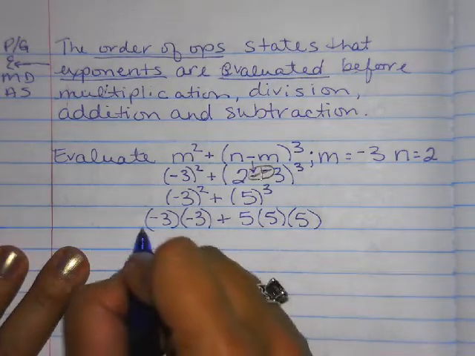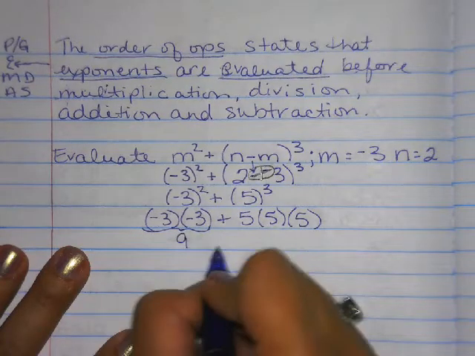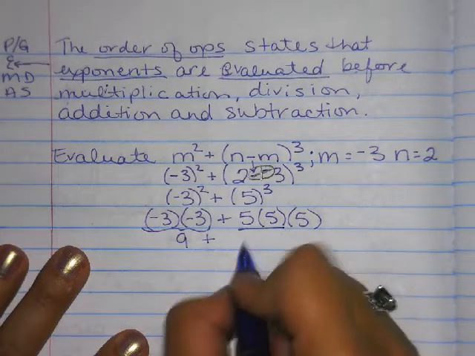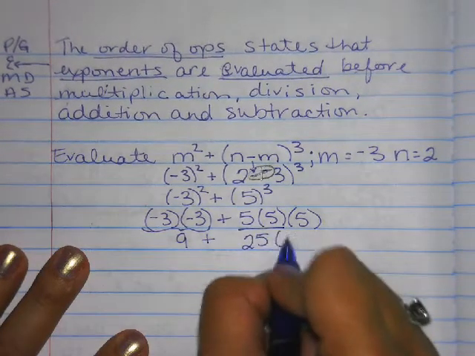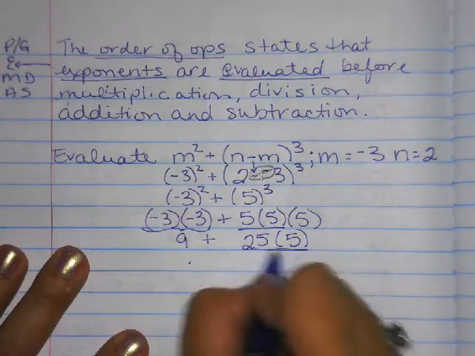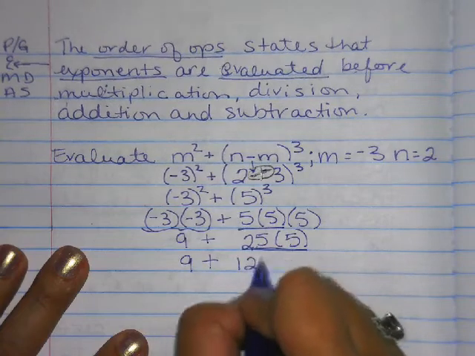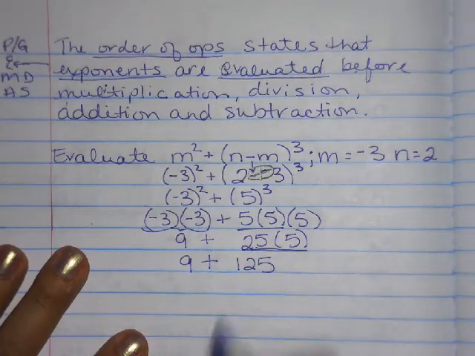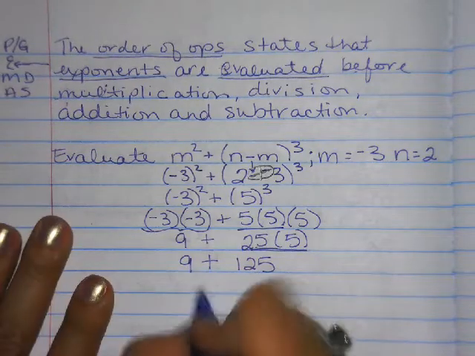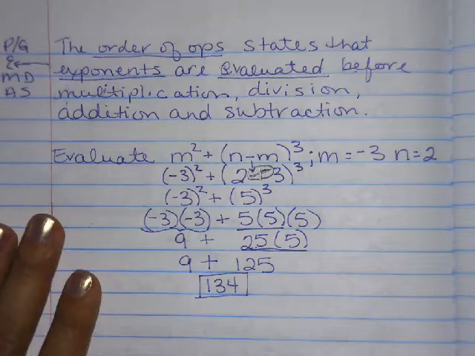Now I can do my multiplication. Negative 3 times negative 3, negative times a negative is a positive, plus 25 times 5. I cannot add yet because I still have multiplication, so I'm going to bring my 9 down. 25 times 5 is 125. And finally now I can add, because I'm finished with my multiplying, 134. I will see you tomorrow.